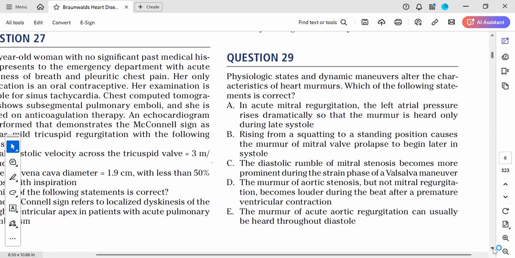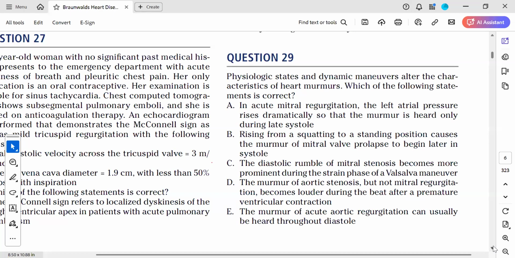Now, any maneuver that decreases the blood return to the left ventricle, for example, the Valsalva maneuver, and when you are standing from a squatting position, tends to decrease the murmurs across the valves on the left side, except for the systolic murmur of HOCM and mitral valve prolapse.